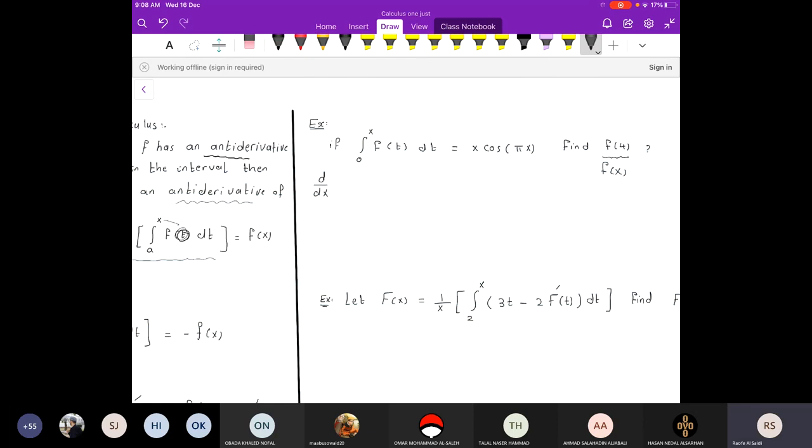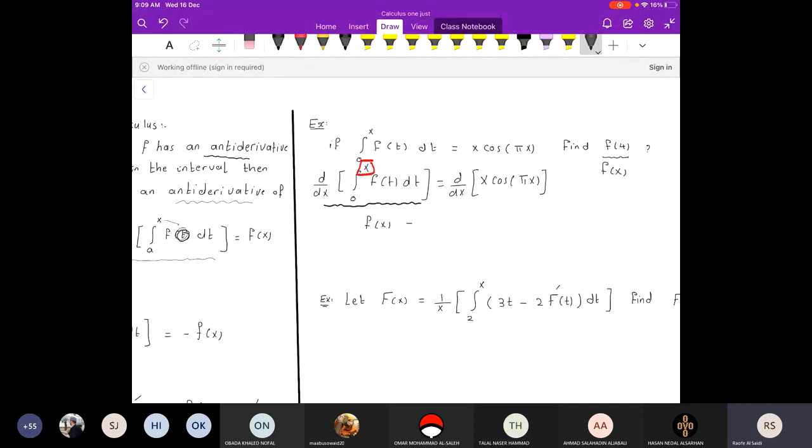I need to differentiate both sides. d/dx of the integral from 0 to x of f(t) dt equals d/dx of x cosine pi x. What is the derivative of the left side? It is f(x), since x is the upper limit, not a constant.